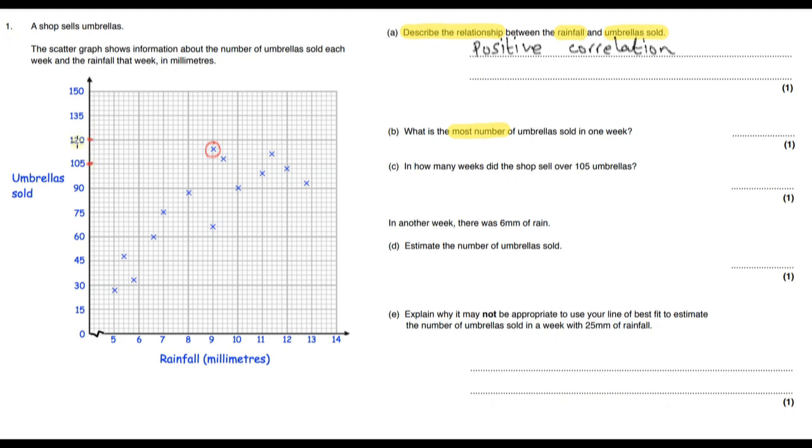So to go from 120 to 105, that's a difference of 15. So if we just do 120 minus 105, which is 15, and we can see there's 5 small squares between these two, if we divide that by 5, that will give us 3. So each small square is worth 3 umbrellas.